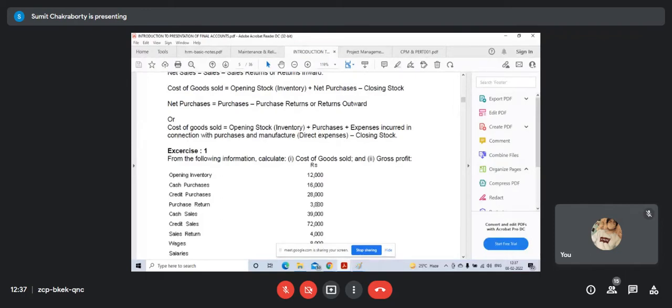Outwards means you are sending it out to the vendor. So cost of goods sold is opening stock, plus net purchase, plus expenses incurred in connection with purchases and manufacture, that is direct expenses, minus closing stock.